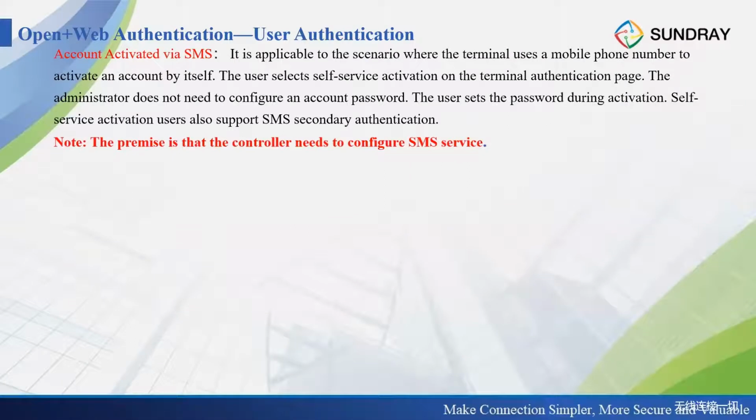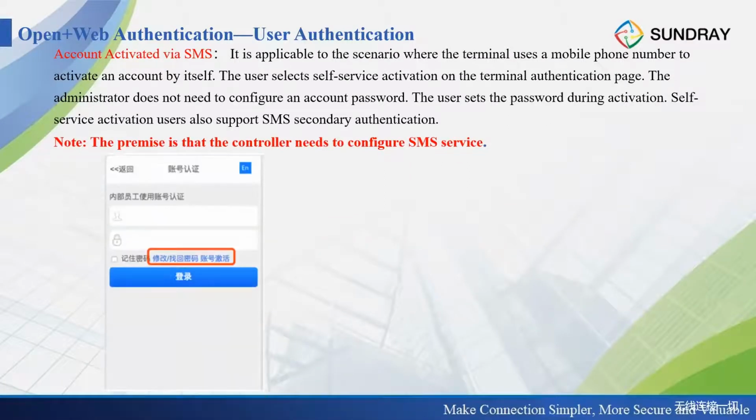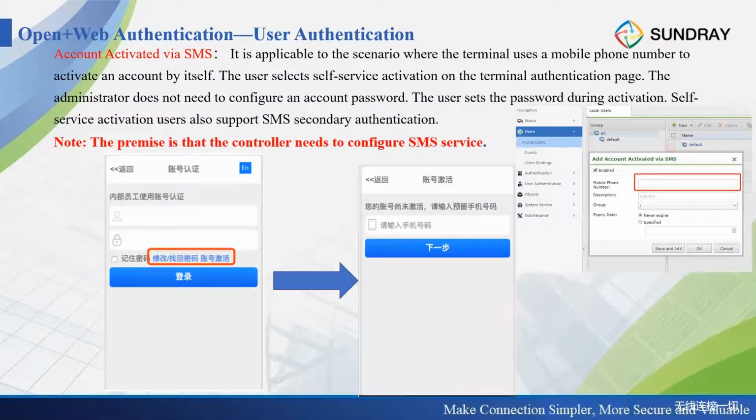And this account can also be activated by short message. When we create the account, we just input the phone number of our employees. For example, for Tom, we put Tom's phone number here.